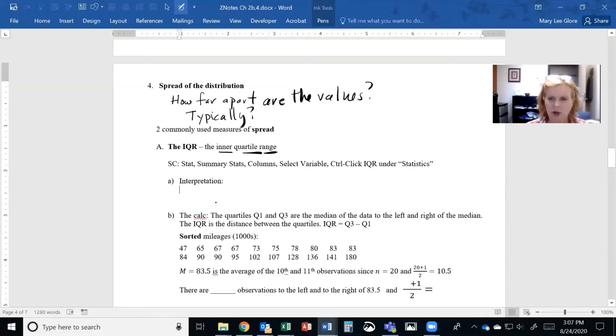What the interquartile range measures is how far apart is the middle half of the data points. So the IQR is the range of the middle 50% of the data.